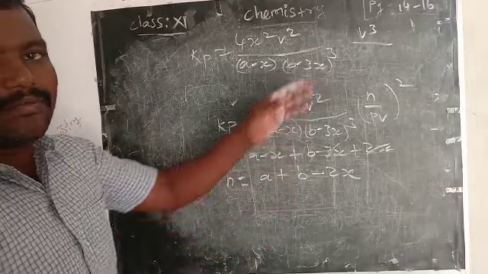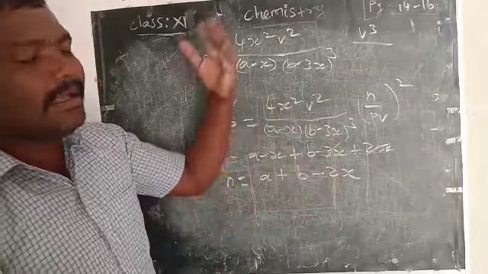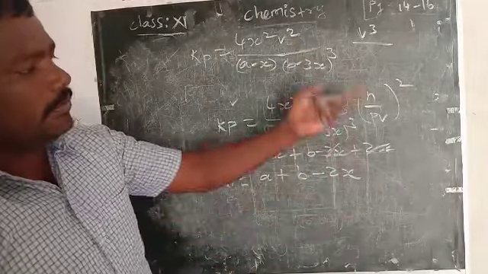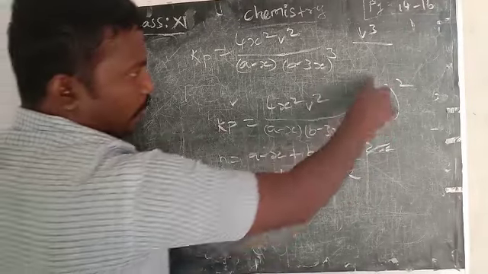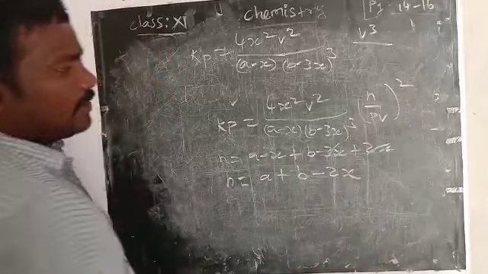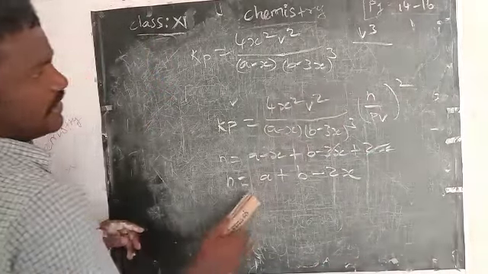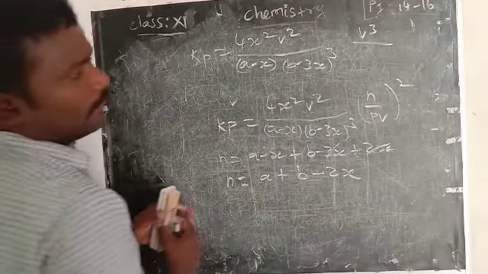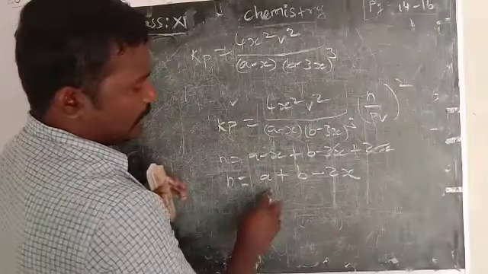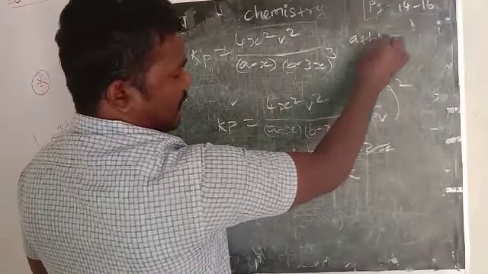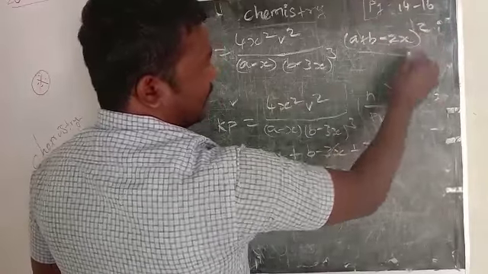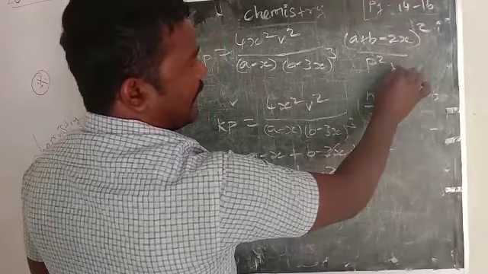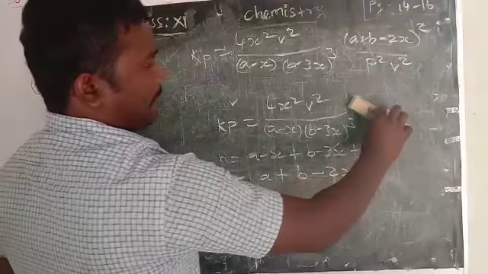Previously I wrote V by N; that should be PV by N. If you make it reverse, it means N by PV. Now apply the N value in this equation: a plus b minus 2x whole squared divided by P squared V squared.